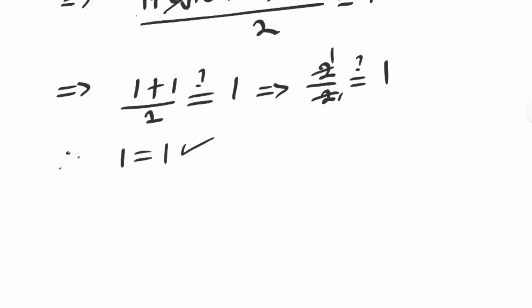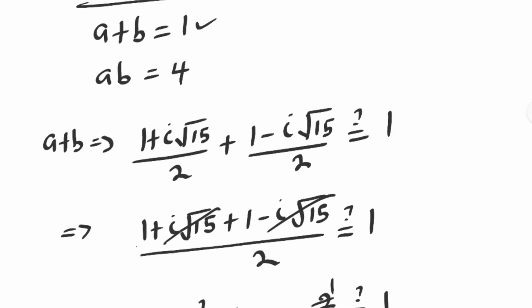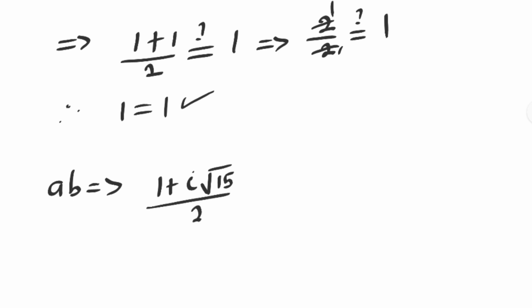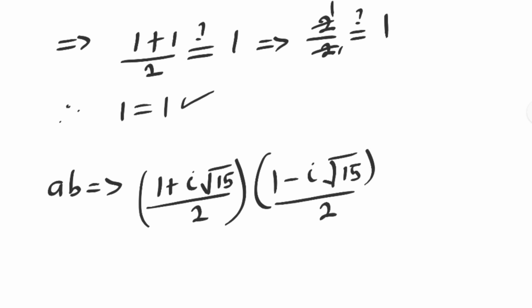Now let's consider the second one, which is this. ab is 1 plus i root 15 over 2 multiplied by 1 minus i root 15 over 2.